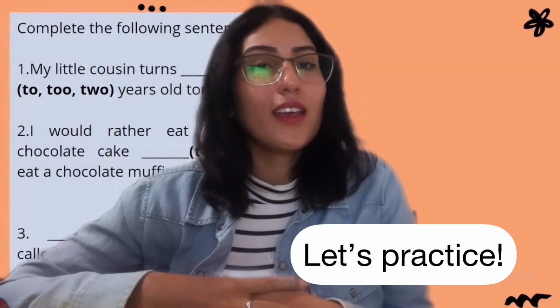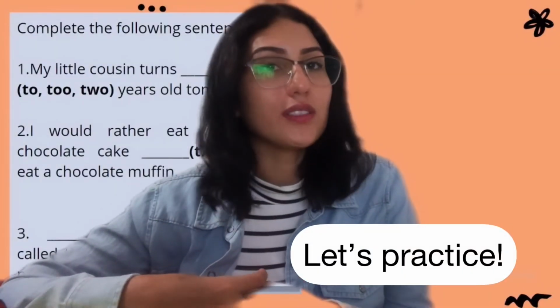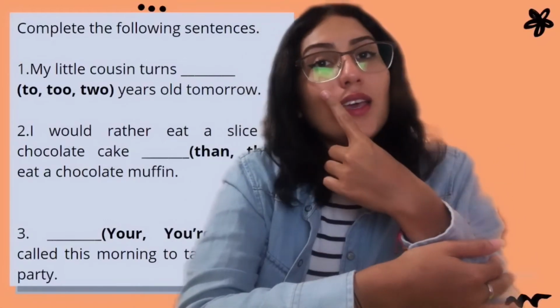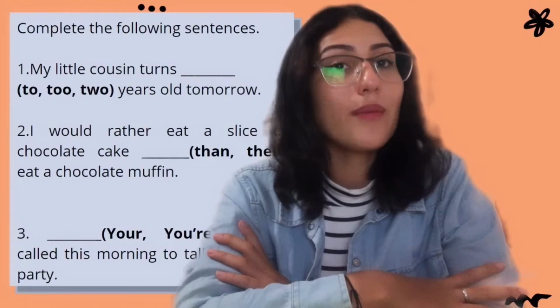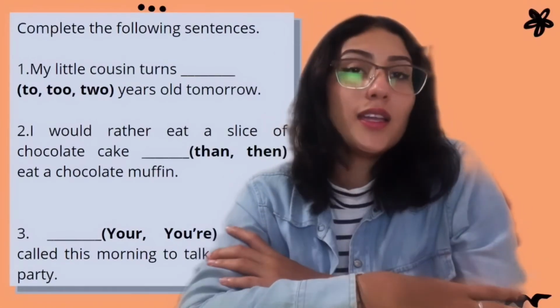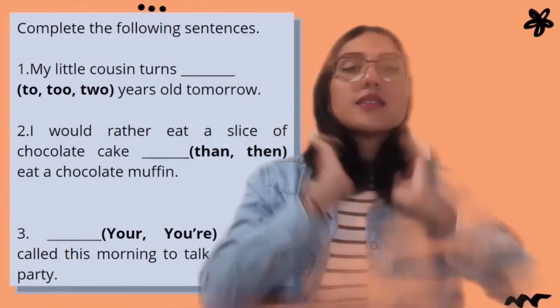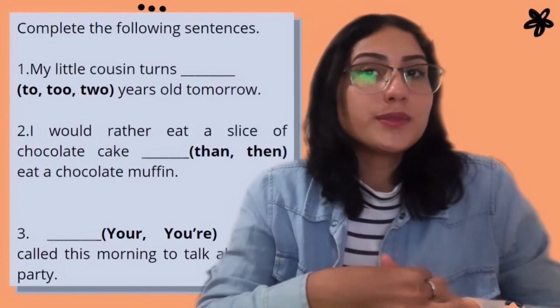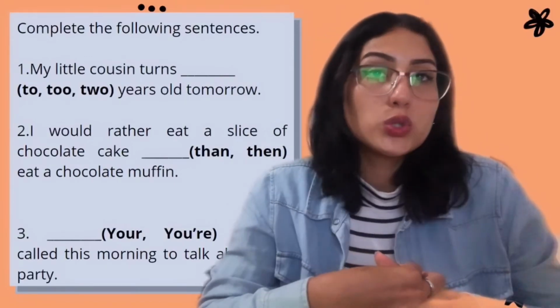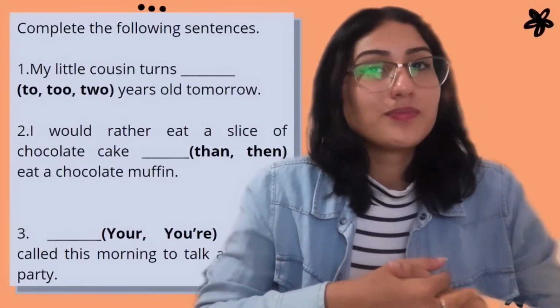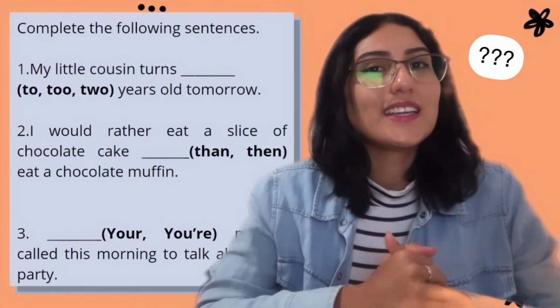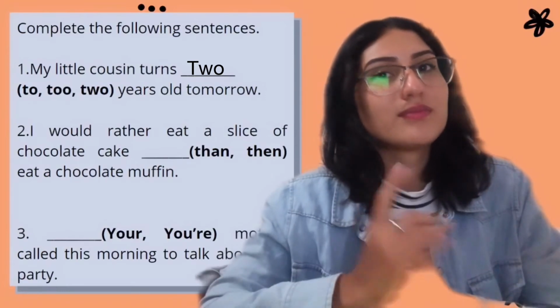Guys, we are going to do this short activity, and it says complete the following sentences. You have to choose the correct option. And the first is my little cousin turns 2 years old tomorrow. What do you think? Exactly, it is the third option.